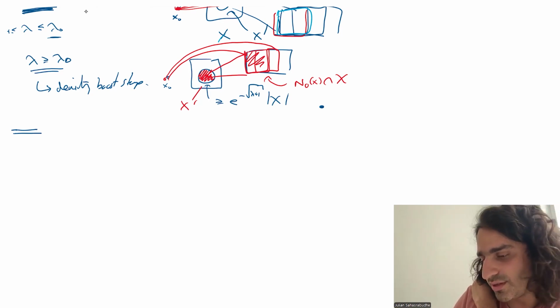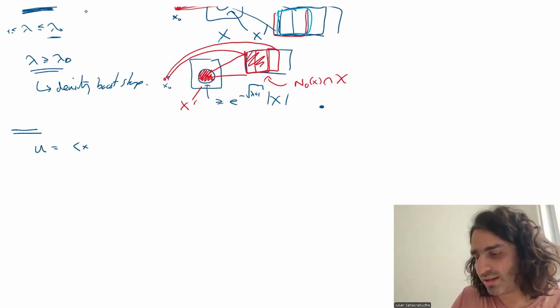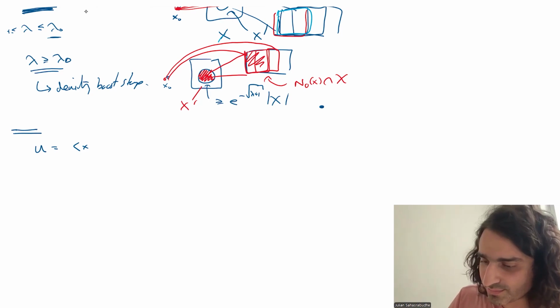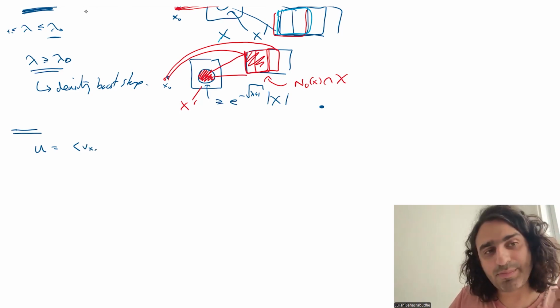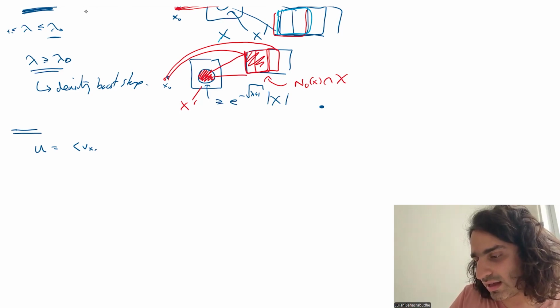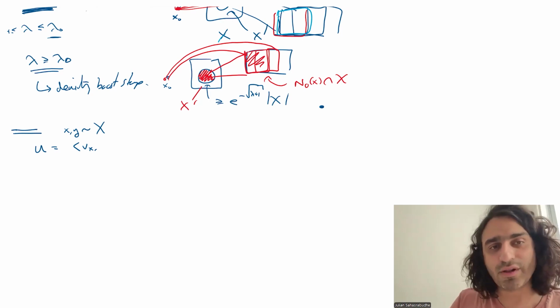What we want to do is define two random variables. I'll call it u, which will be, okay, I'm going to sample this v sub x. So I'm going to sample randomly a pair, x and y. So x, y are just going to be uniform in x. And now I consider the following random variables.